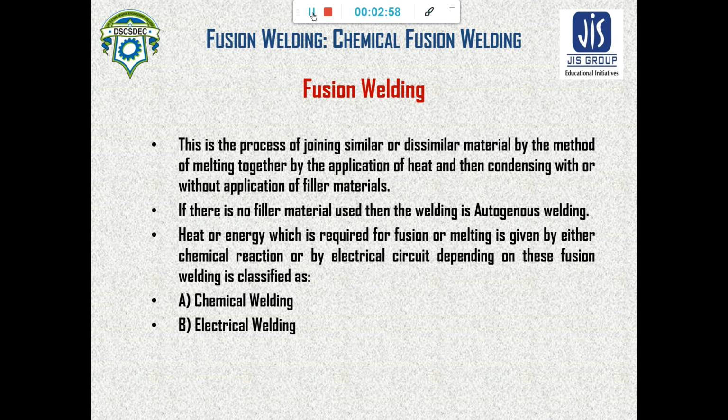Now the heat energy required for melting can be given by a chemical reaction or by electric current, depending on which fusion welding can be classified into two types. The first is chemical welding, the second is electrical welding.